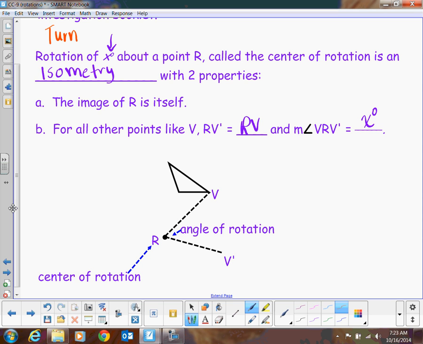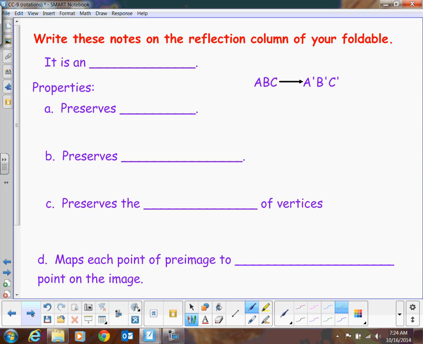Why don't you go ahead and get your little foldables out, because I'm sure there's a foldable page. Oh, here we go. We're ready for the foldable. So this should be on the reflection part of your foldable. It is an isometry.